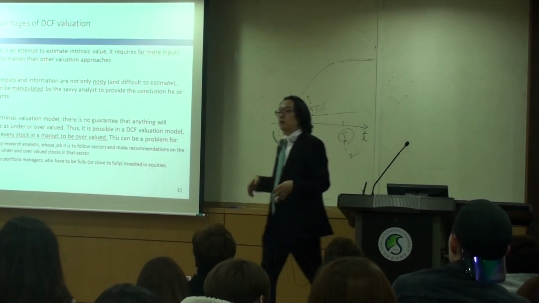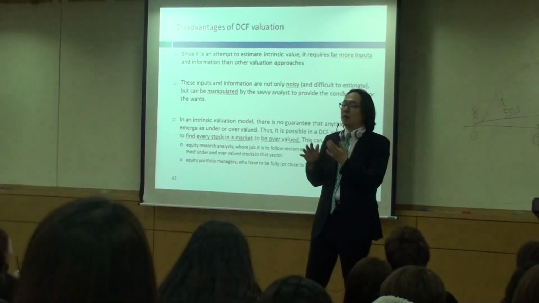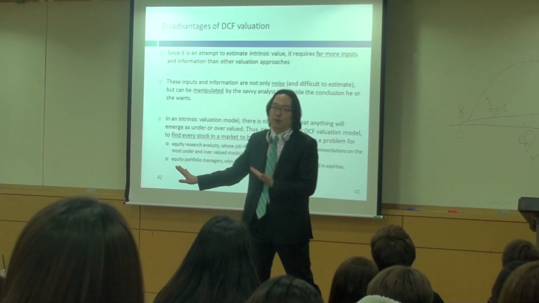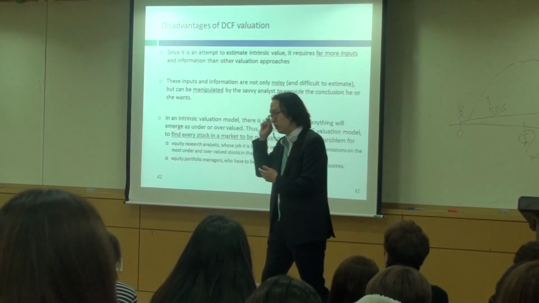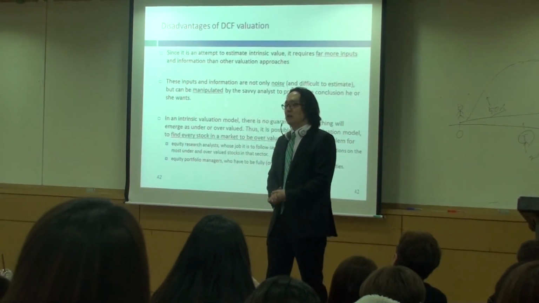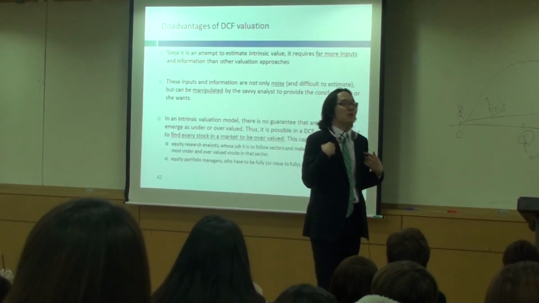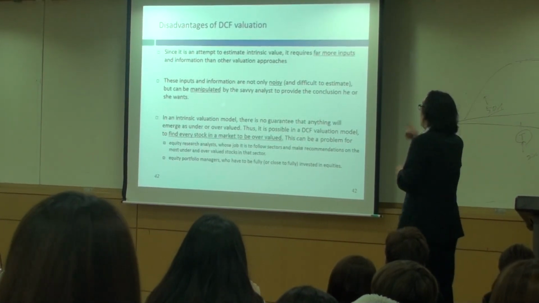I told you that the DCF valuation could safeguard you against market sentiment more than relative valuation. But still, when you're punching in the numbers, you'll still be biased somehow. Those sentiments get into your mind, you cannot just help it. So that's the point here.